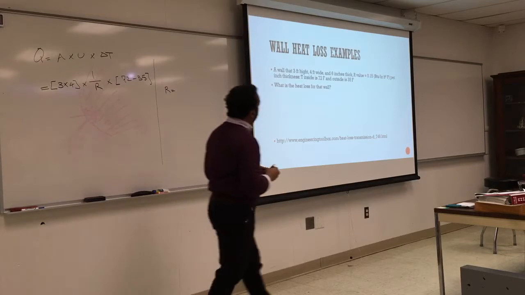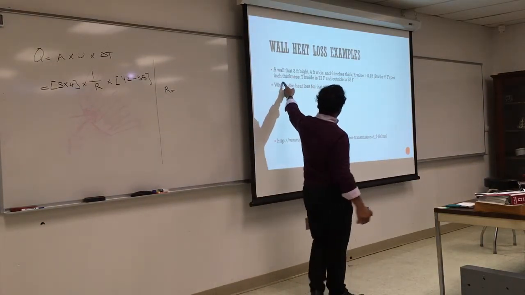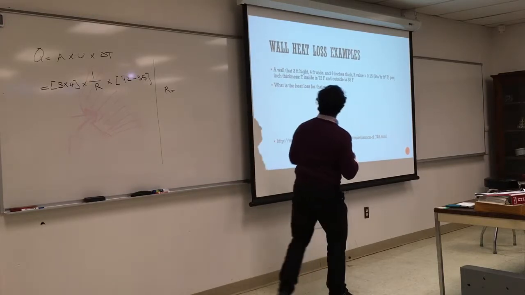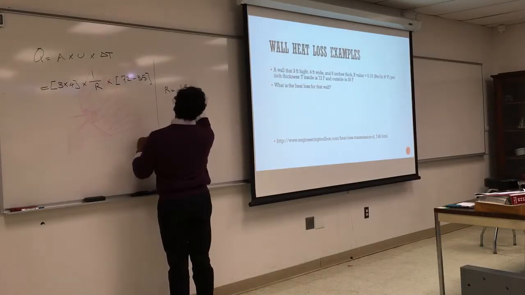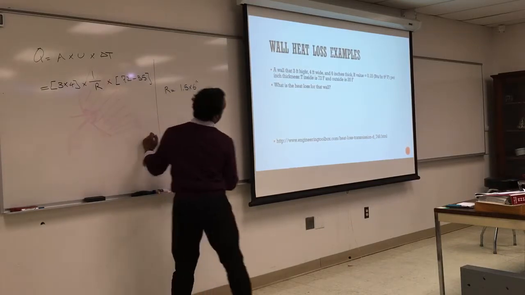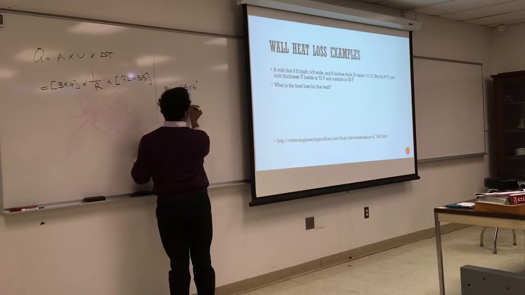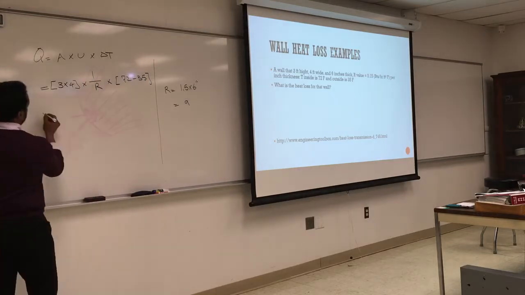So here I have an R value of 0.15 per inch thickness. How many inches is the wall? 6 inches. So it will be 0.15 times 6 inches. That's it. So that's what, 4.5? No. 0.9. Agree? So I'll put that back in the equation here.